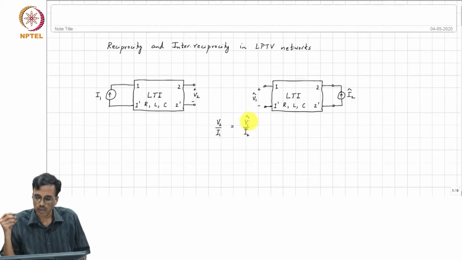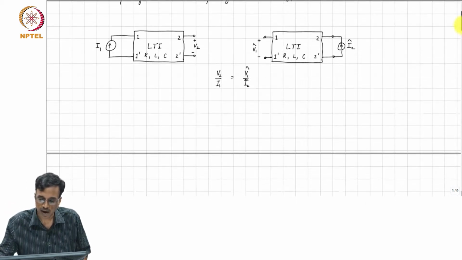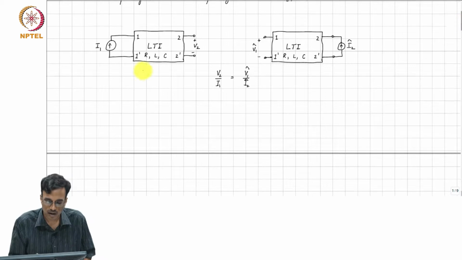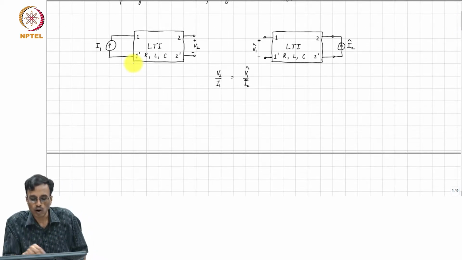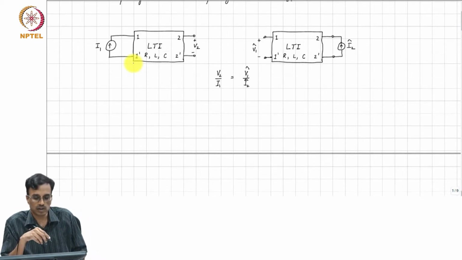All right. And if the network had control sources inside, we know how to make this still hold.